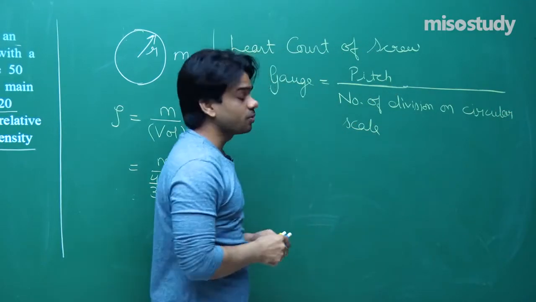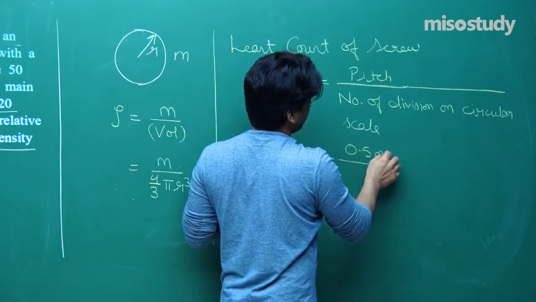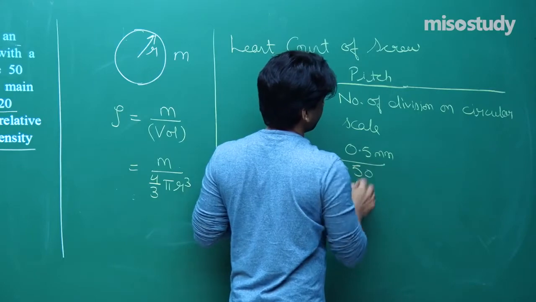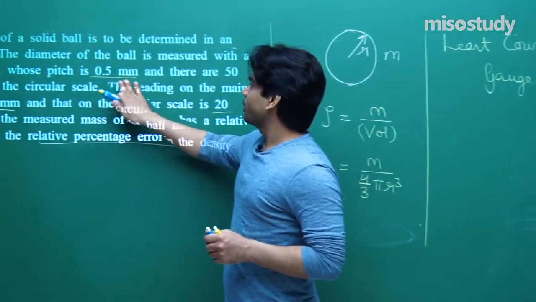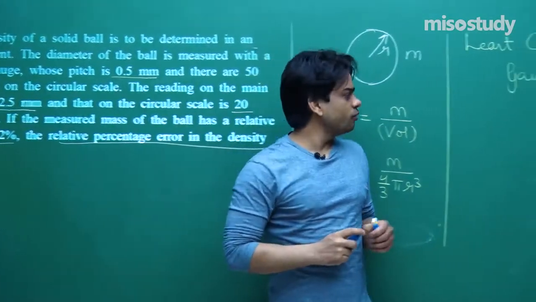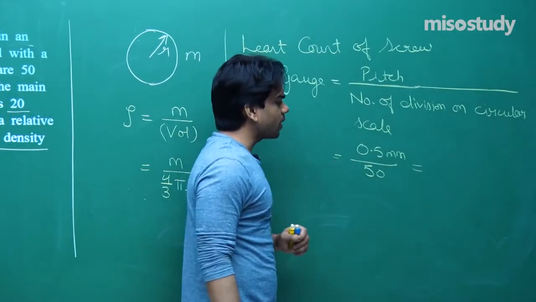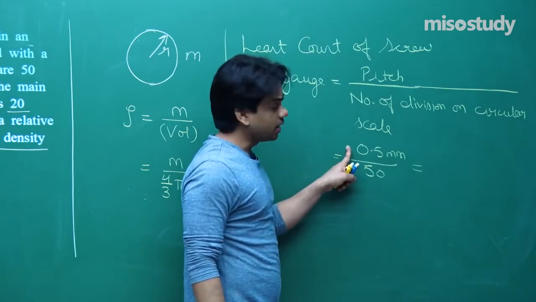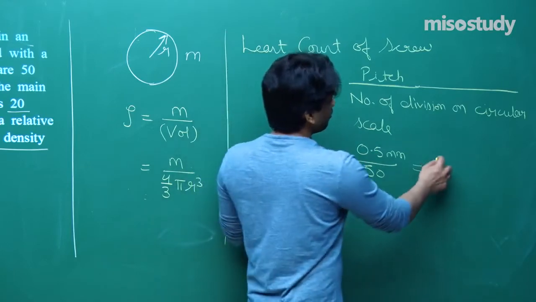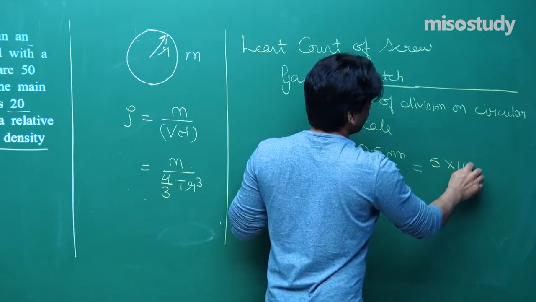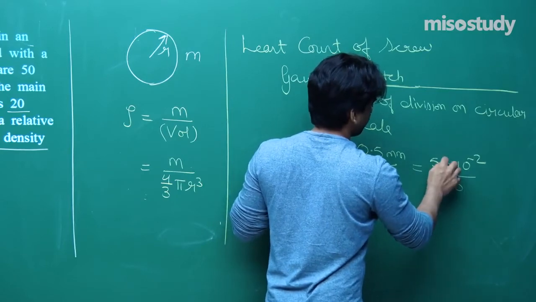Now the pitch is what? Given 0.5 mm is the pitch, and the number of divisions is 50 on the circular scale. If we evaluate this, how much will it come out to be? 0.5, if you multiply it by 100, you get 5, so you can write this as 5 into 10 to the power minus 2 divided by 50.